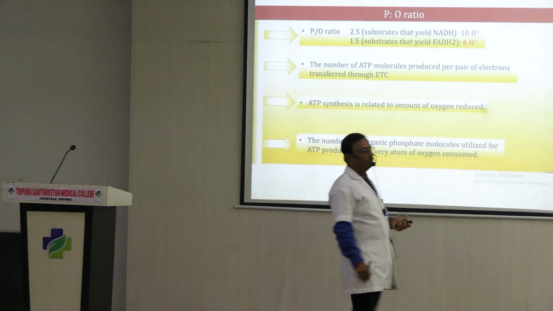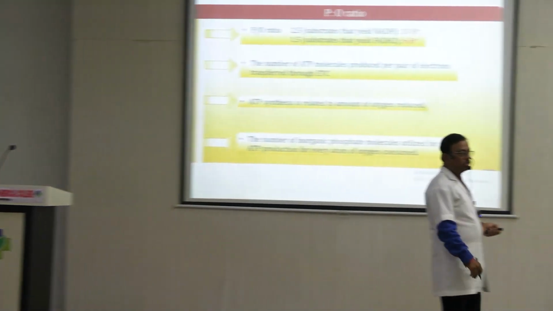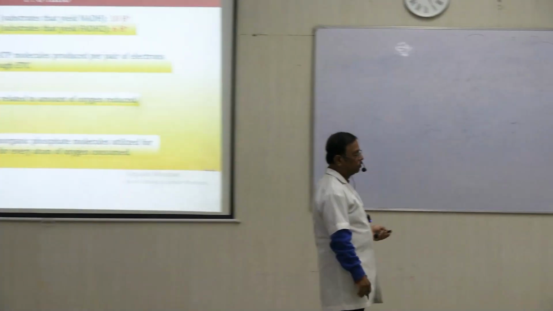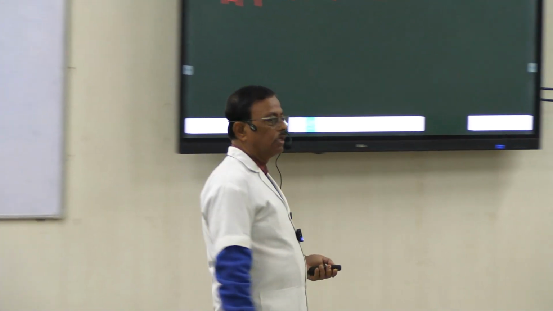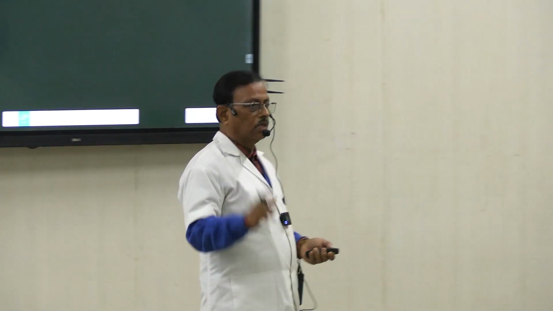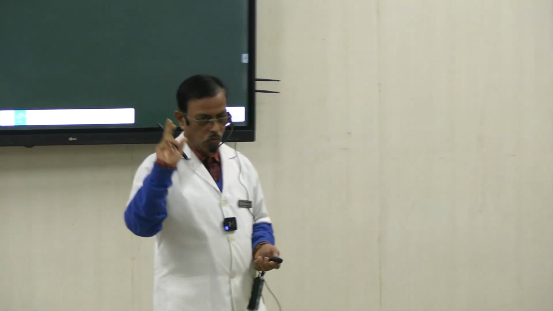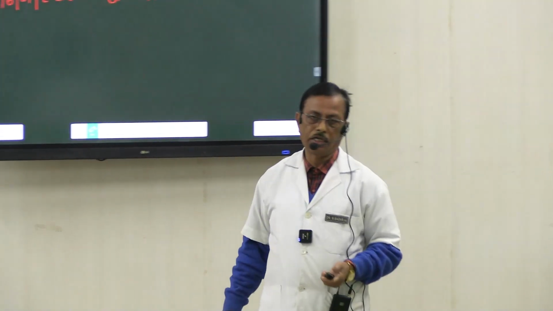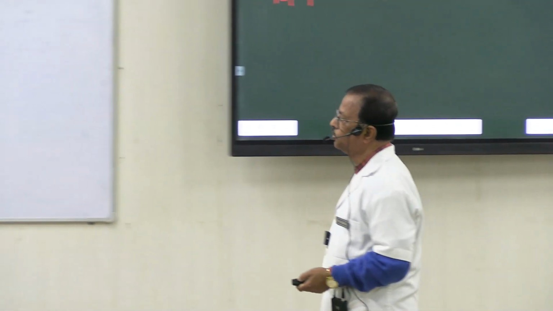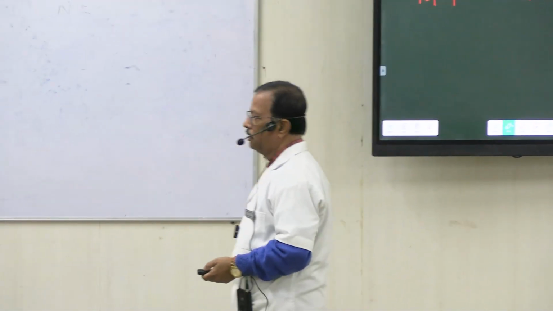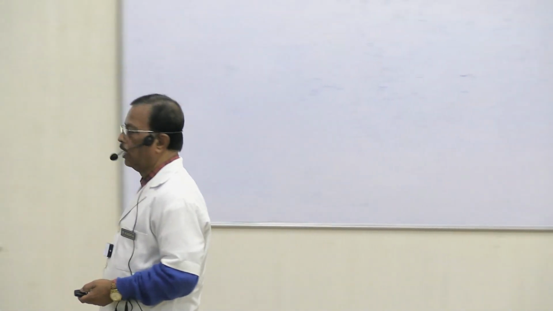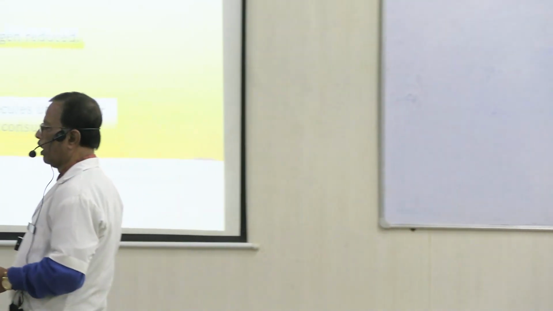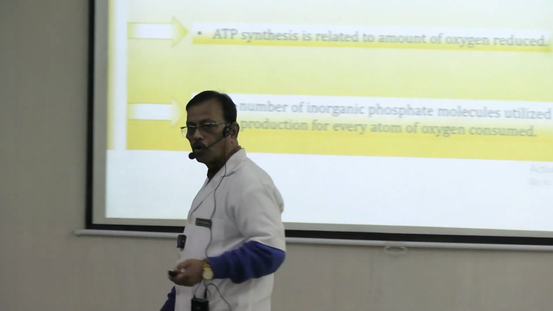Okay. So we have seen NADH provides 10 protons, and each ATP to generate requires 4 protons. So with the 10 protons, we can synthesize 2.5 ATP. So the PO ratio of NADH is 2.5, and the PO ratio for FADH2 is 1.5.